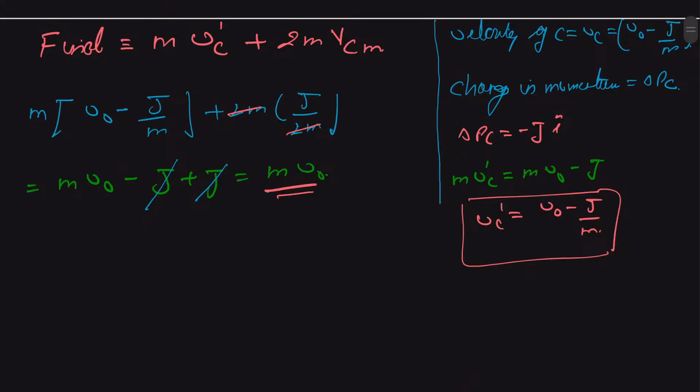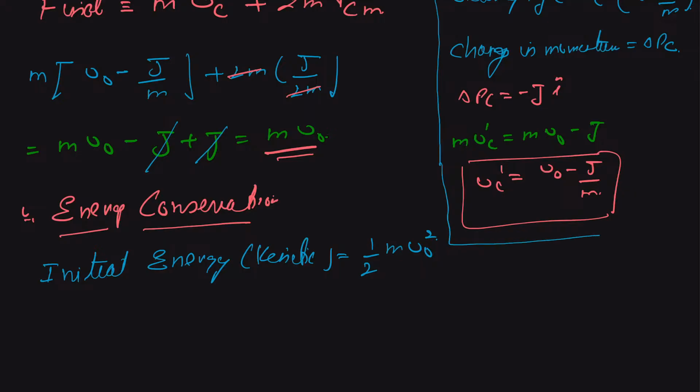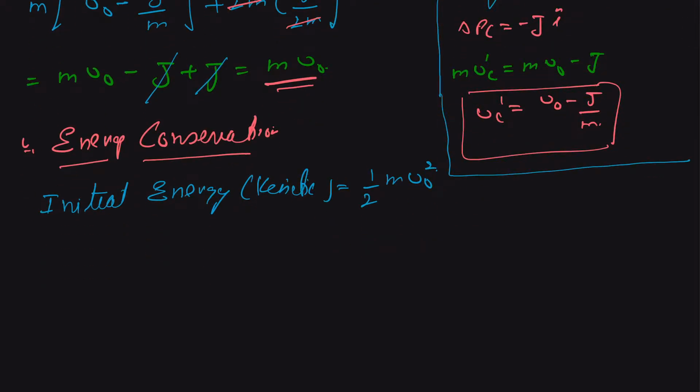Now we are going to use energy conservation. For energy conservation, our initial energy, rather initial kinetic energy, will be equal to half m v naught square, and final kinetic energy will be equal to kinetic energy of particle C plus kinetic energy of rod system.